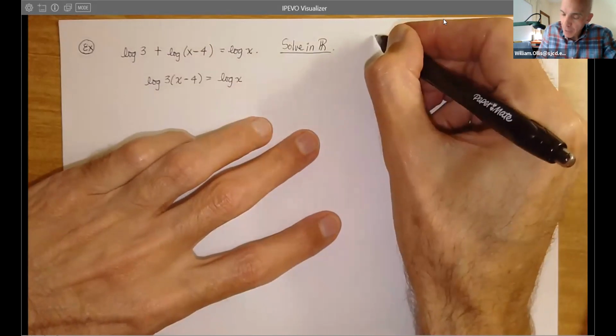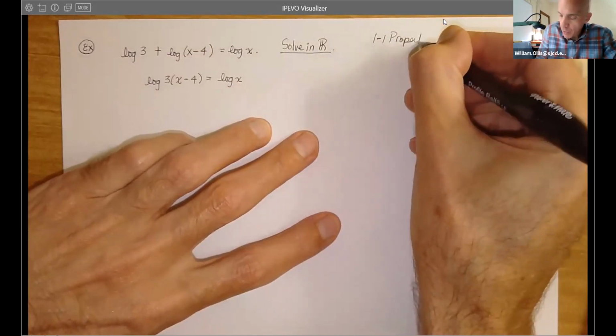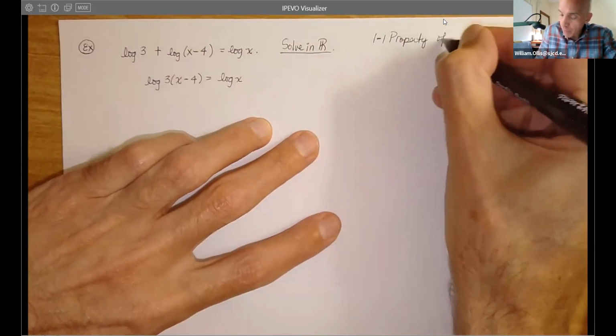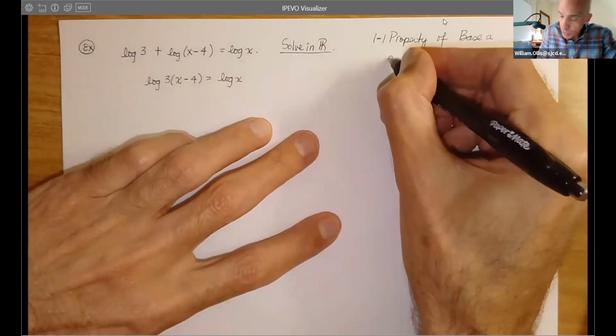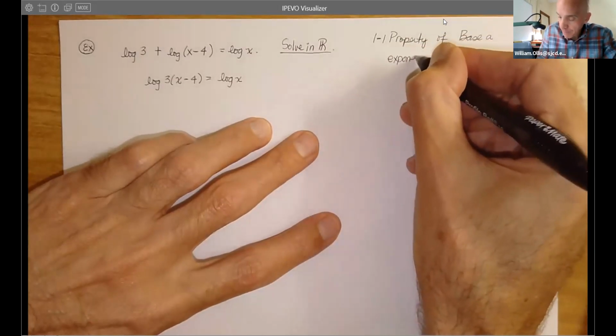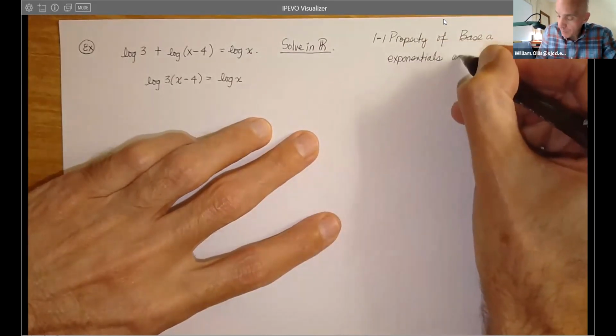That is the one-to-one property of base A exponentials and logarithms.